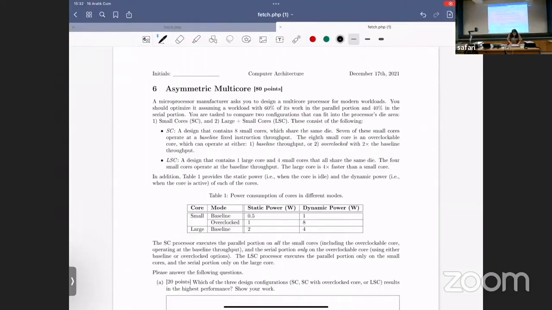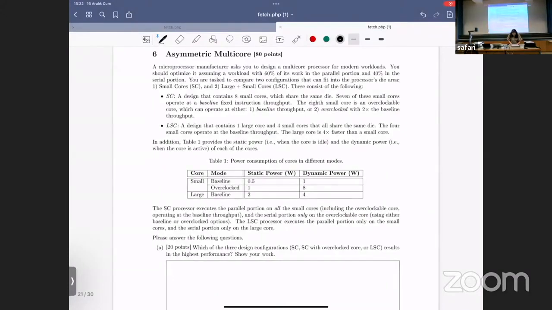And LSC is a design that contains 1 large core and 4 small cores that all share the same die. The 4 small cores operate at the baseline throughput, and the large core is 4 times faster than the small ones.